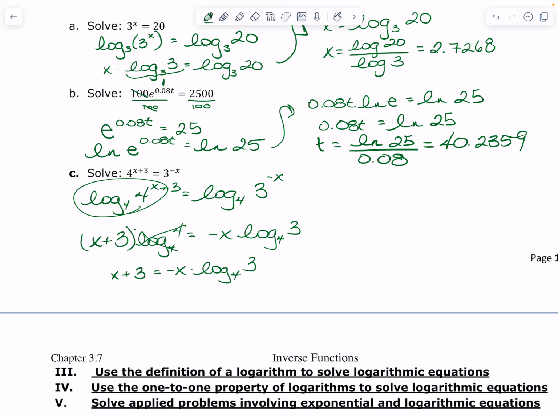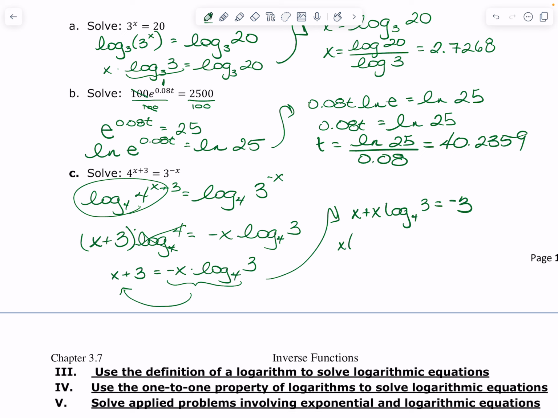We need to get all of those x's together. So I am going to go ahead and move, let's see, how do we want to do this? Let's try to keep x's positive. So I'm going to take this whole term and move it to the other side by adding to both sides. So I get x plus x times log base 4 of 3. And I'm going to go ahead and move that plus 3 over. I got a minus 3 here.